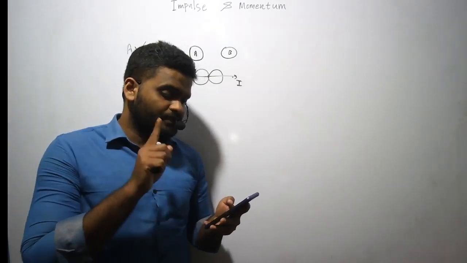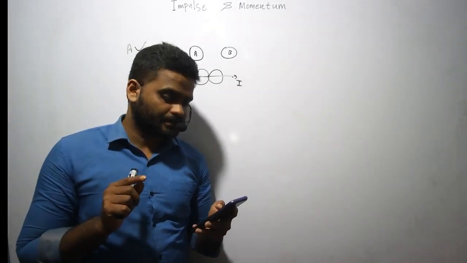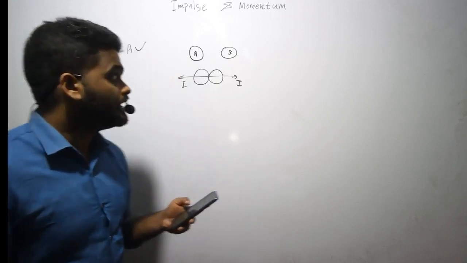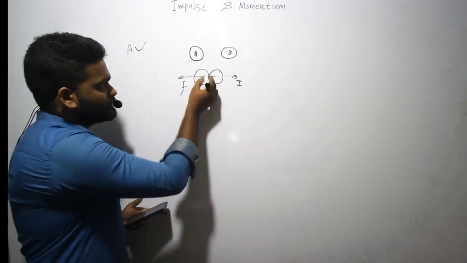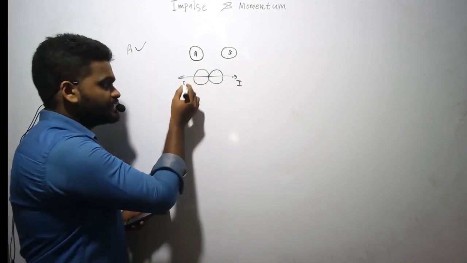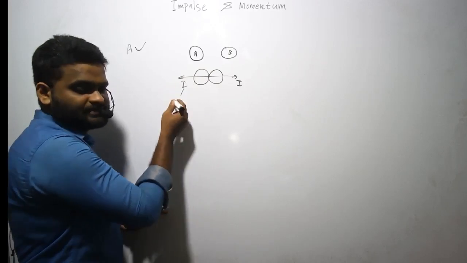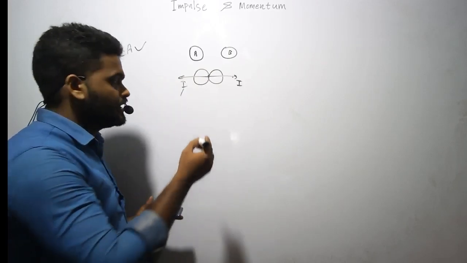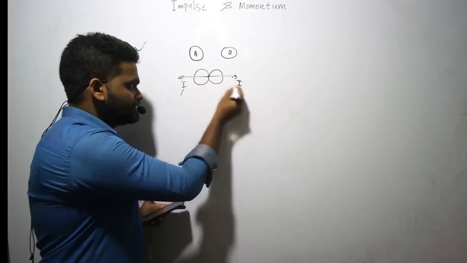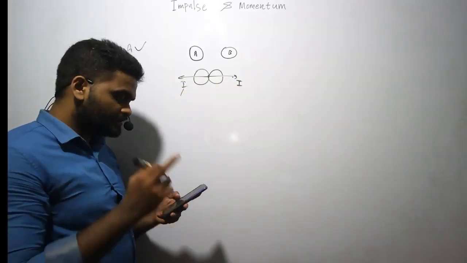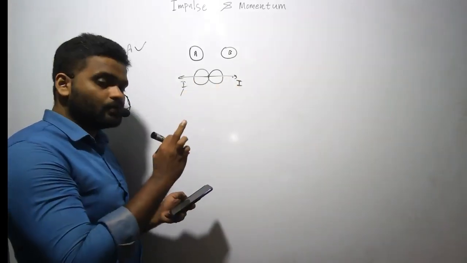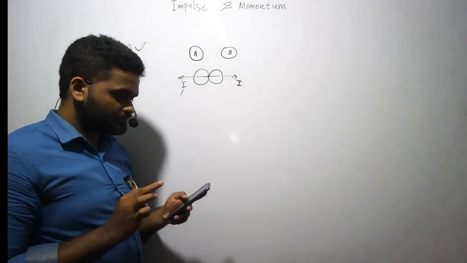They say if only the collision is perfectly elastic, change of momentum. You can think that change of momentum of one object is equal to I, right? Impulse and change of momentum is the same. So they are equal in magnitude. So that is true for any type of collision.